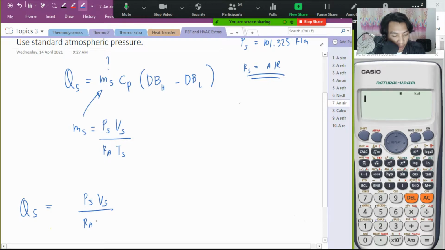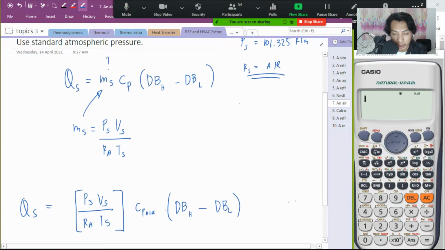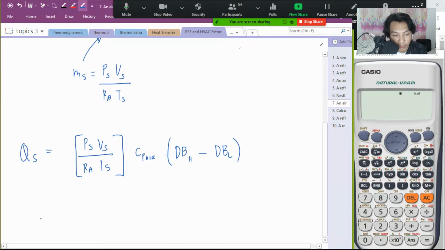Hindi naman sinabing vapor, di ba? So, that is air. Tapos TS, okay, bracket, multiply natin ng CP nung air. Tapos, multiply natin yung dB nung hot minus dB nung low. Ayan. So, we can now solve.